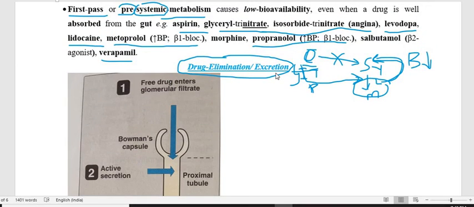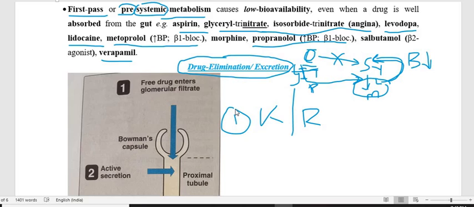The major organ of excretion is the kidney. So renal excretion occurs. So first, the excretion of the drug. What is excretion?